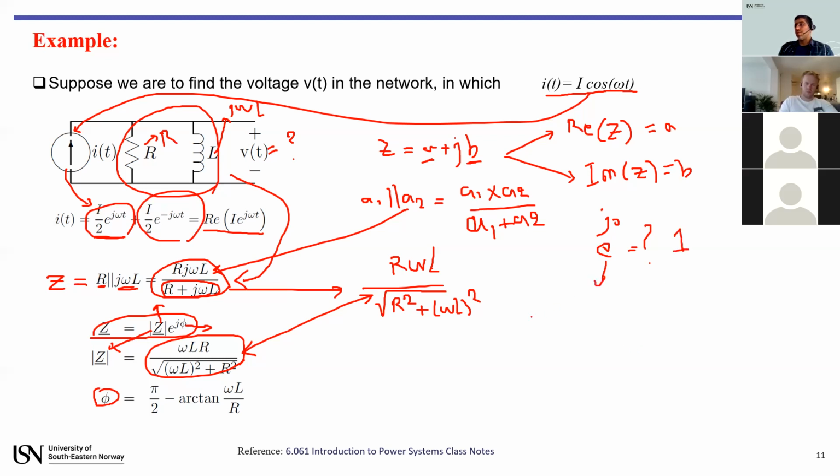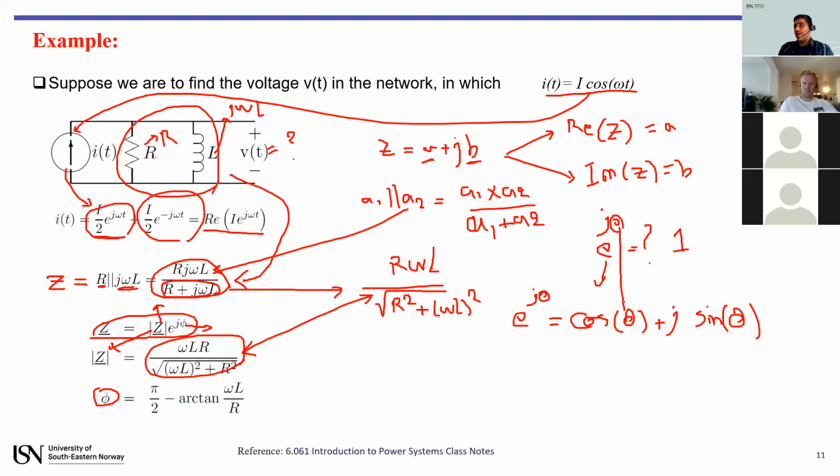Because when you have exponential J theta, it will be cosine theta plus J sine theta. And theta here is 0.